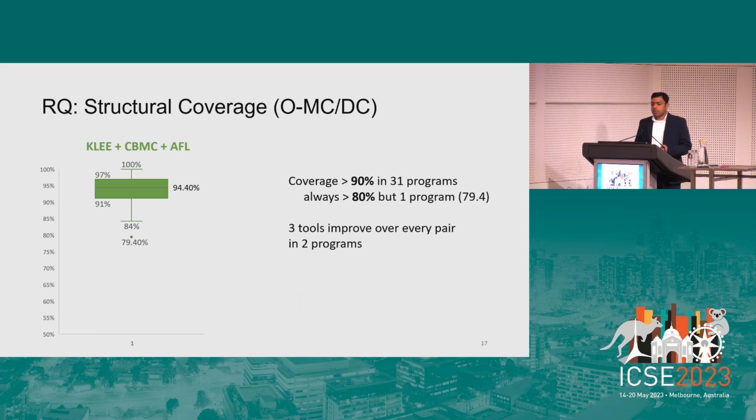So this is the overall summary of the coverage when we merge all the test cases from our TEX versions. From this, we can achieve high model coverage with a median of 94%, which is good for the system. We got coverage of more than 90% in 31 subject programs, and almost all got more than 80%.